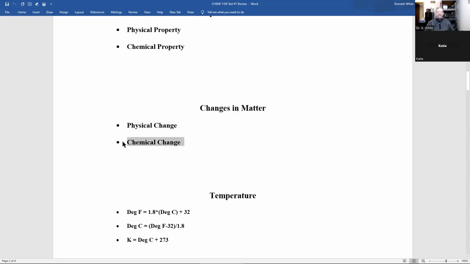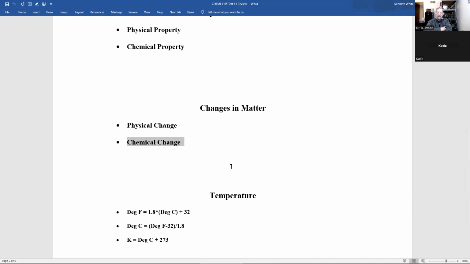Now, if I were to go out in a parking lot at COD, unfortunately, I'm sure I could find some cars with rust on it. And rust is when iron reacts with the air, oxygen, to form a new molecule called ferric oxide, which we call rust. That's a chemical change.